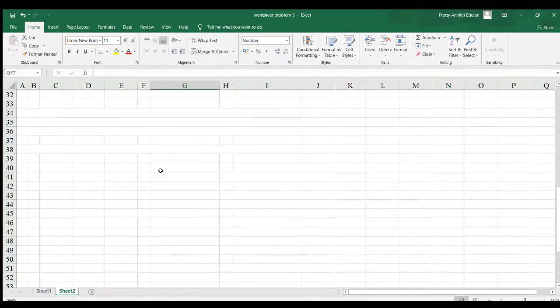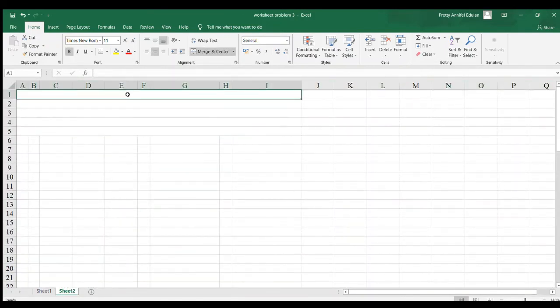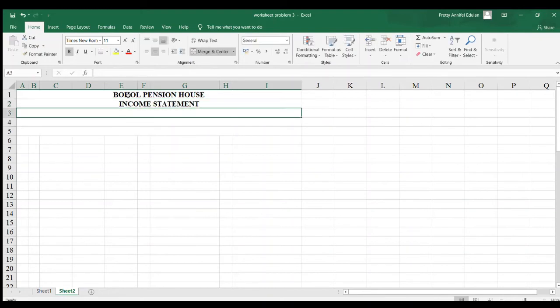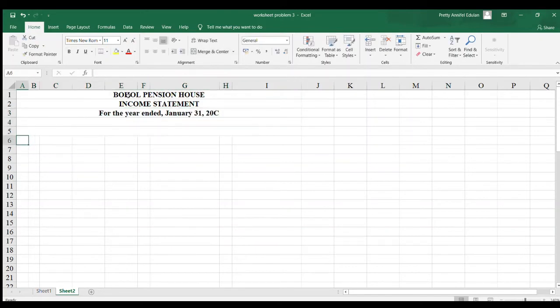It's now time to make the financial statements. So we'll write the name of the business. We have the name here. It's Bohol Pension House. Income statement for the year ended January 31, 20C. So we have revenues, or if there is only one, revenue.